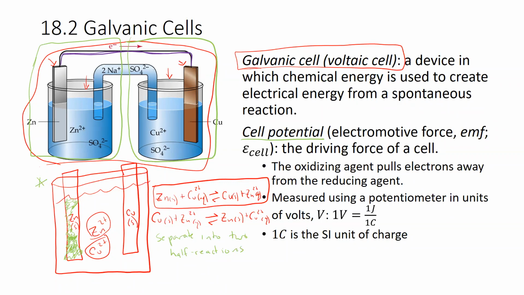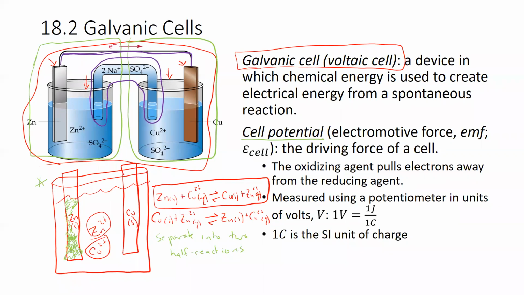The other thing that connects them is what's called a salt bridge, which is this right here. If electrons are moving, in order for the chemical reaction to occur, in this case a redox reaction, the electrons moving is what you want. But if the electrons were the only thing moving, you would start to build up charge.